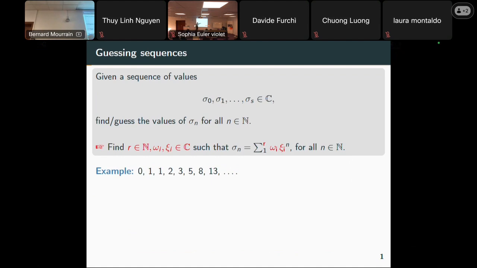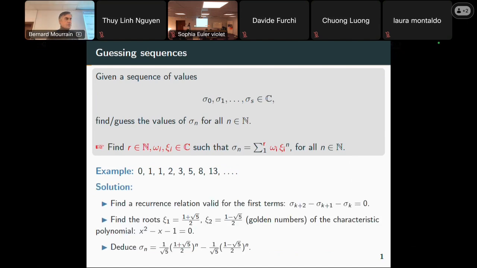So the next one you will guess is 21, the sum of 13 and 8. So there is this recurrence relation which exists between the values: sigma k plus 2 is equal to sigma k plus 1 plus sigma k.